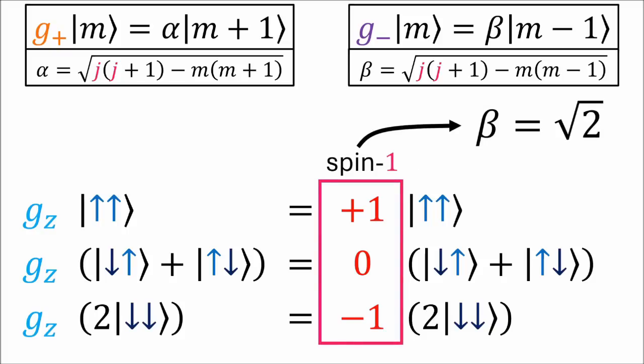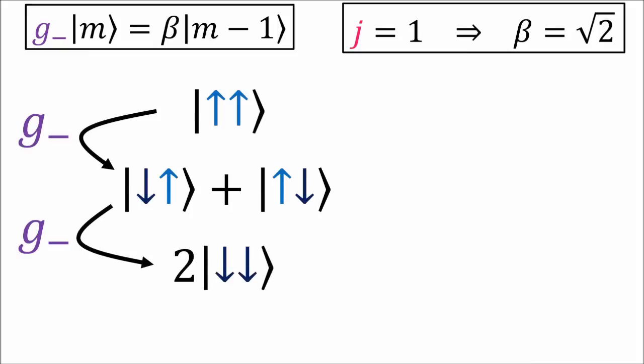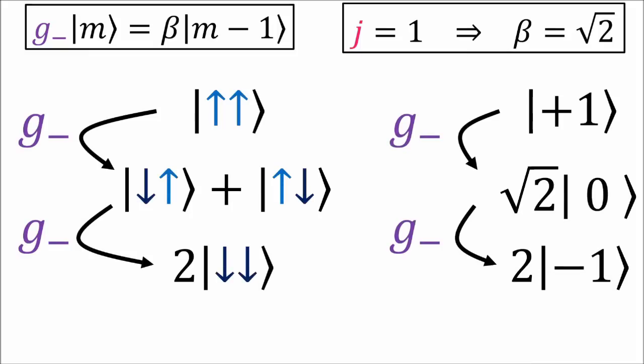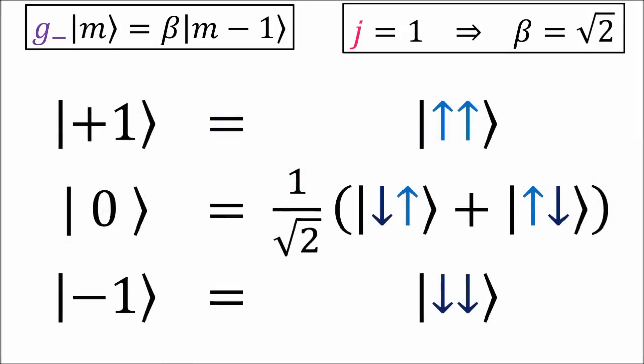And the beta coefficients are the square root of 2. If we take the states obtained from the lowering operator and take these coefficients into account, we get this set of 3 states for our spin 1 representation. These states are actually normalized to 1, so they're easier to work with.